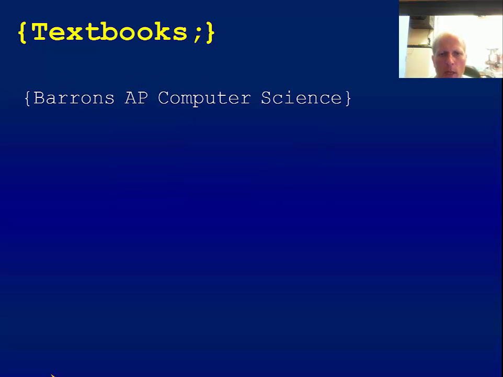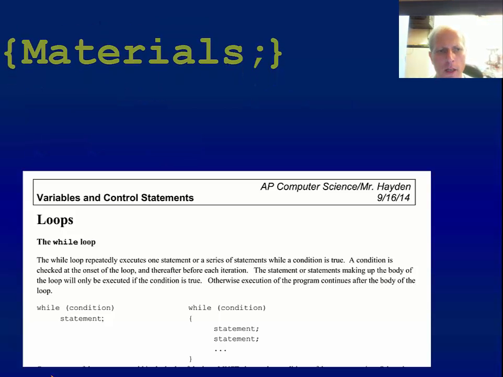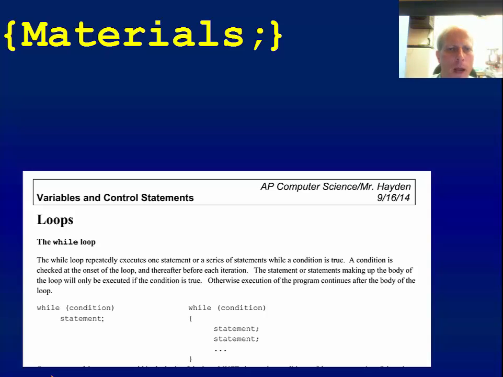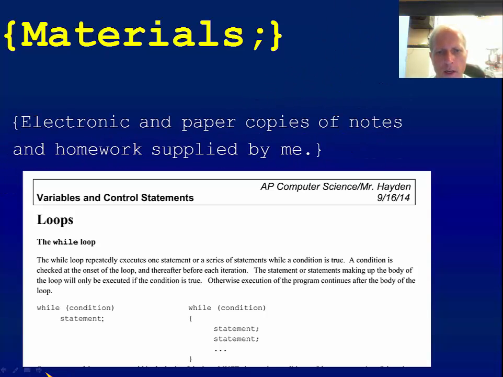We're going to be using Barron's AP Computer Science book quite a bit, and we do have a Java textbook for AP Computer Science called Java Concepts, which I haven't given out yet, but I probably will be in the near future. I do make my own notes in many of my materials, and I do supply them, both electronic and paper versions, as needed as time goes on.